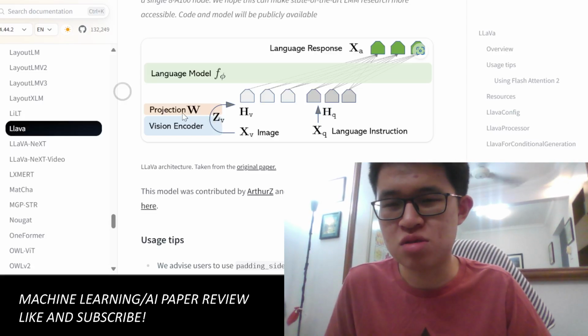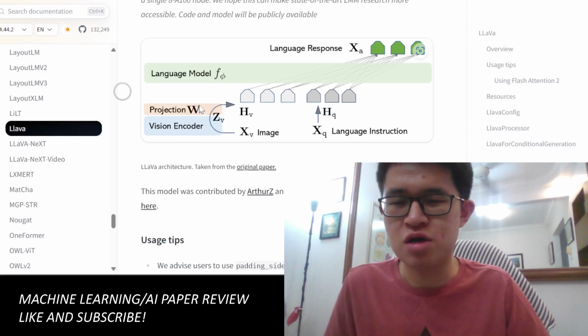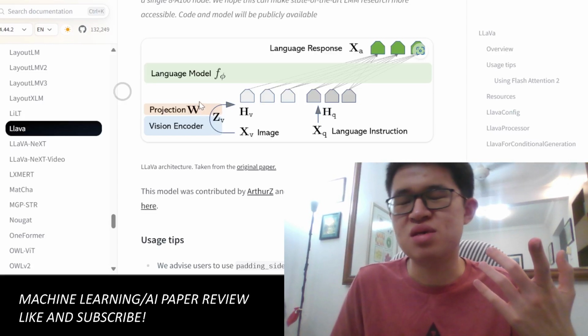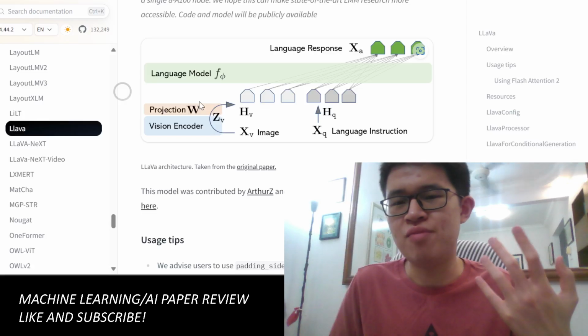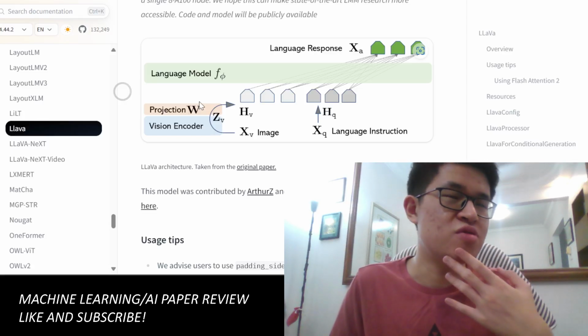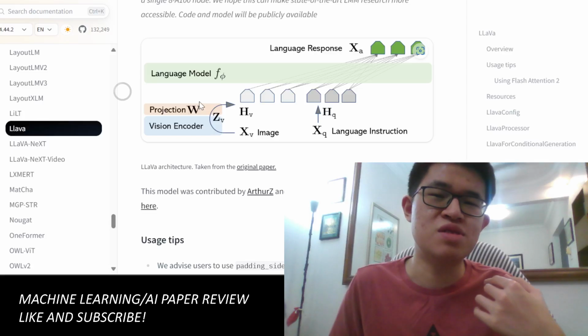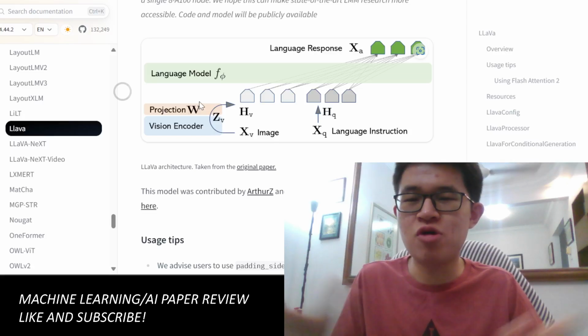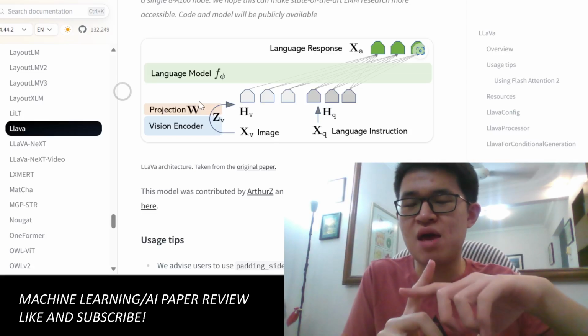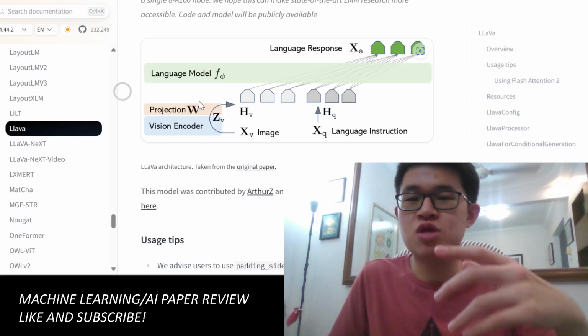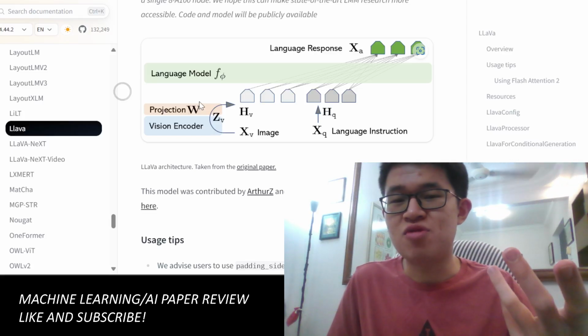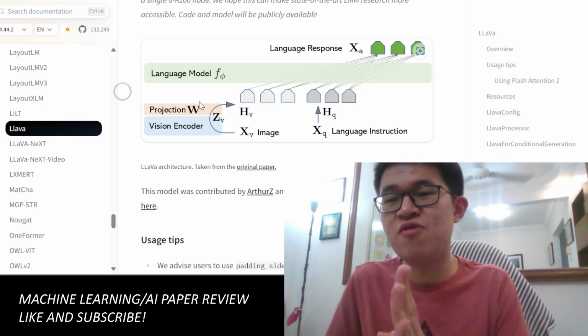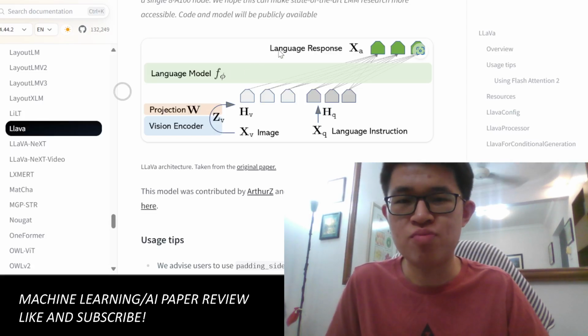So you apply a projection network, they call it W here, which you can imagine as a multi-layer perceptron that transforms the Z embeddings into the H embeddings, such that they fit in with the language model.